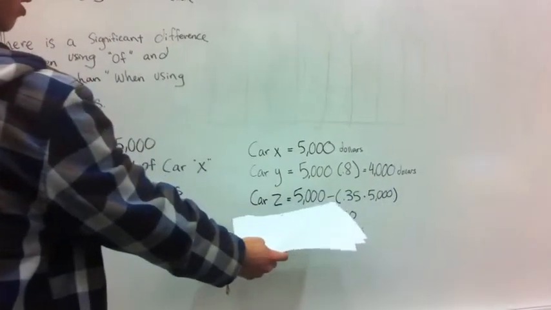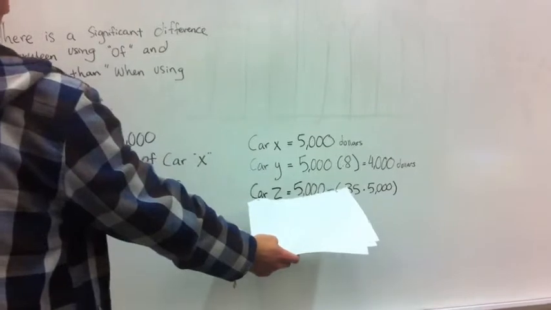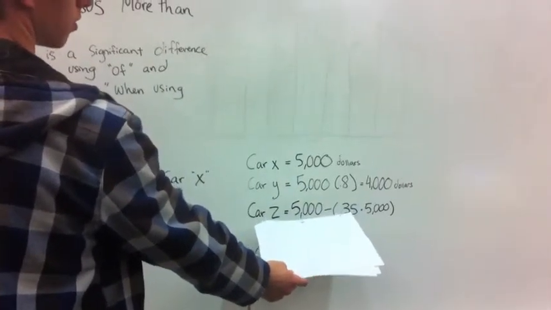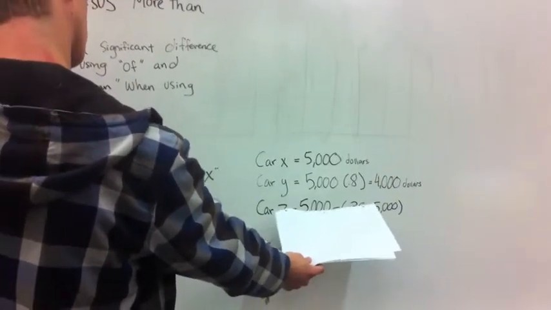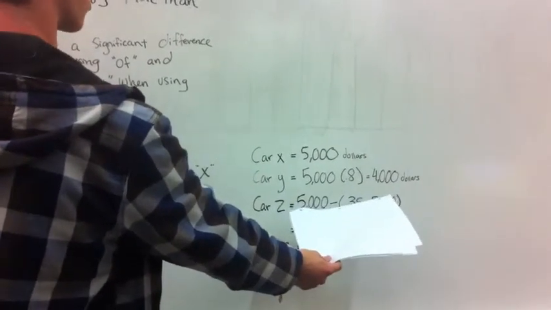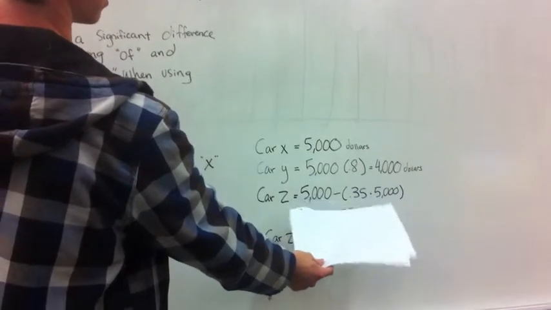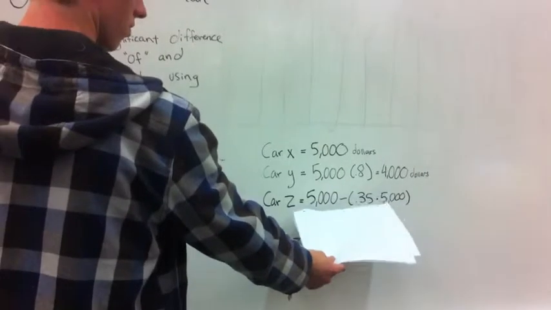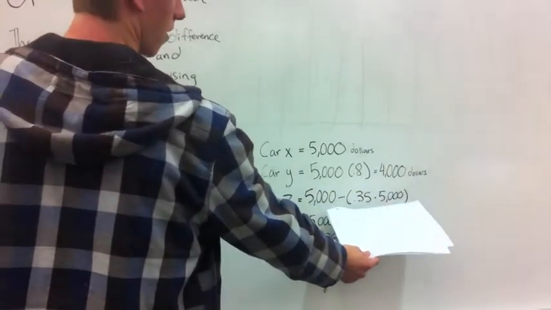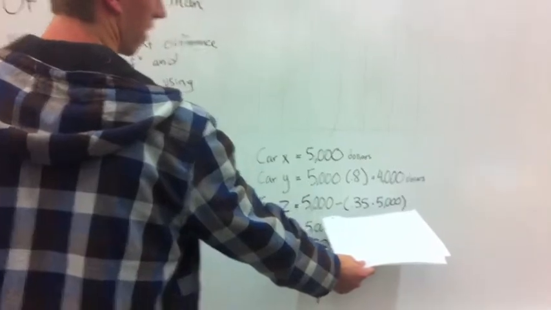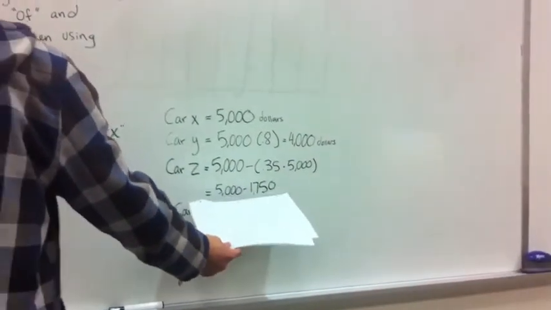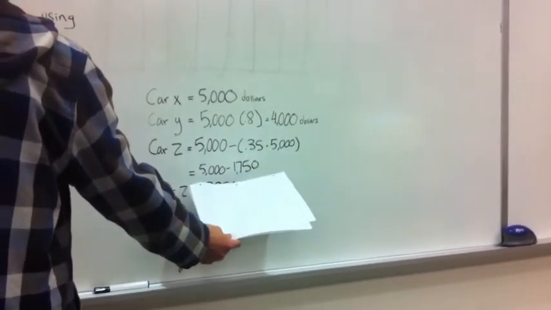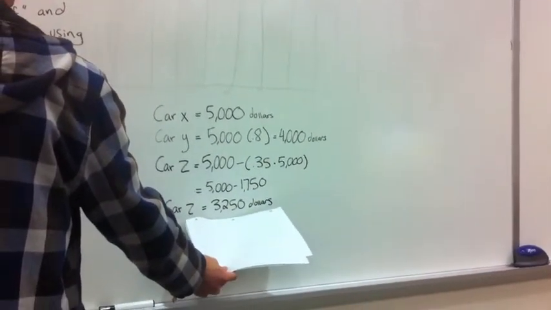And then be careful here, it's not asking what 35% of the original price was, but it's asking 35% less than the original price. So you set up the equation 5,000 minus 0.35 times 5,000, which then gets 5,000 minus 1,750, which equals 3,250.